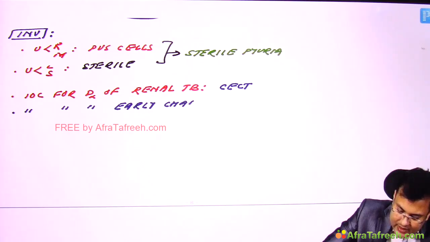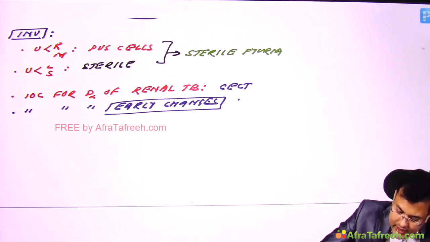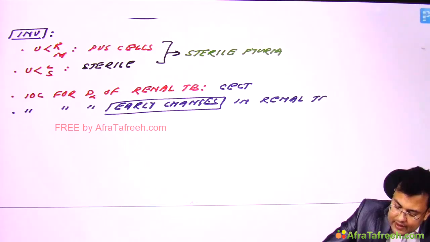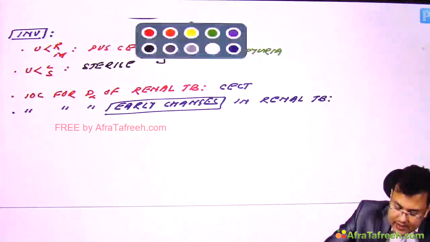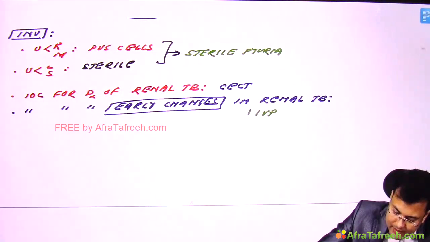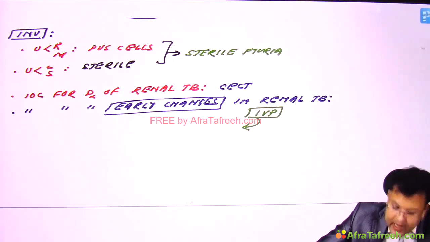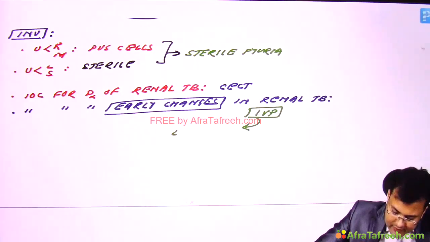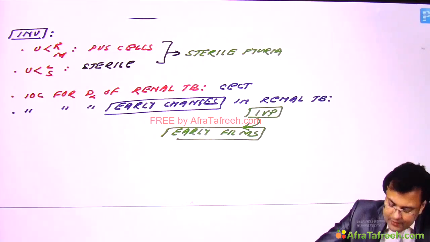You have to highlight this: early changes in renal tuberculosis. If it's early changes, the investigation of choice is IVP. Which films of IVP are most informative? Early films.